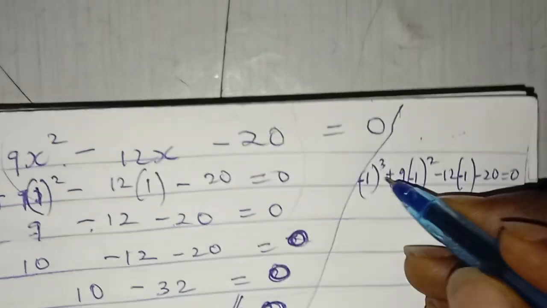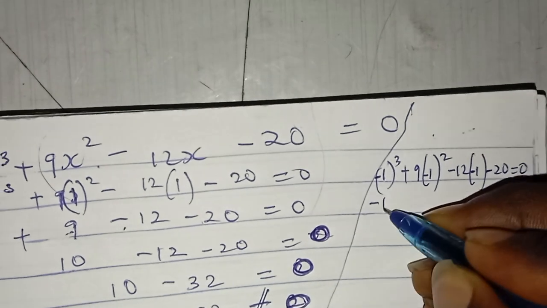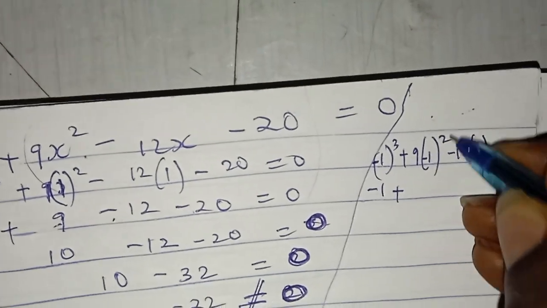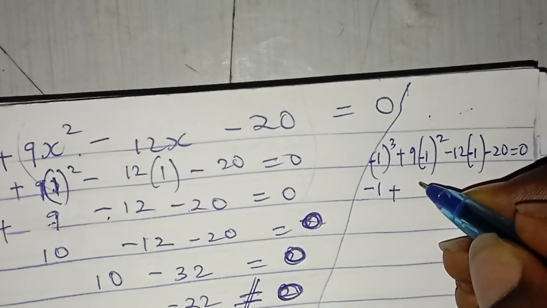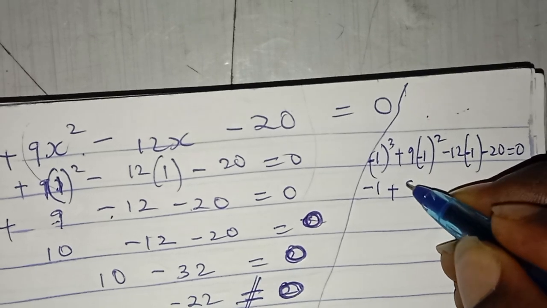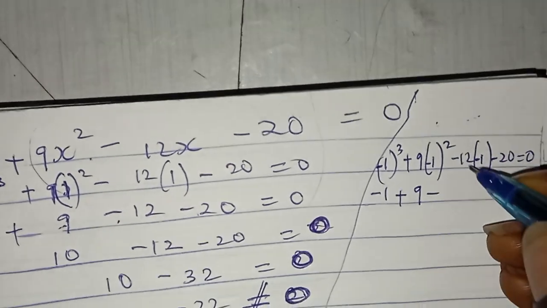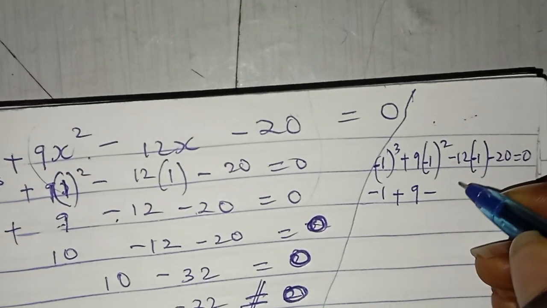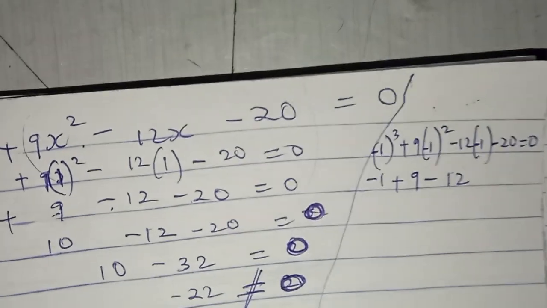So notice that minus 1 raised to the power 3, minus raised to an odd number will give you minus 1, plus minus raised to even power will give you plus. So this is plus 9, minus 12 times minus 1 is going to give you minus 12.